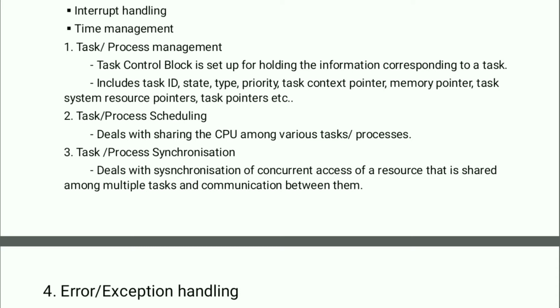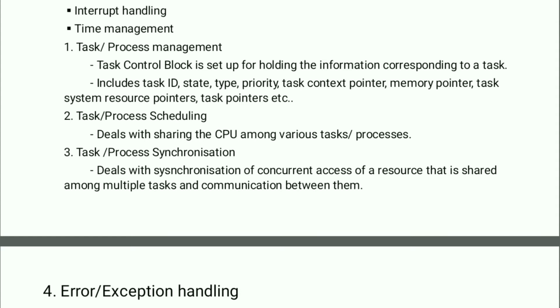These are the pointers to the code memory, data memory, and stack memory for the task. We have other pointers too, the task system resource pointers. These are pointers to the system resources used by the task, for example semaphores, mutexes, etc. So for the system resources, we maintain some pointers.